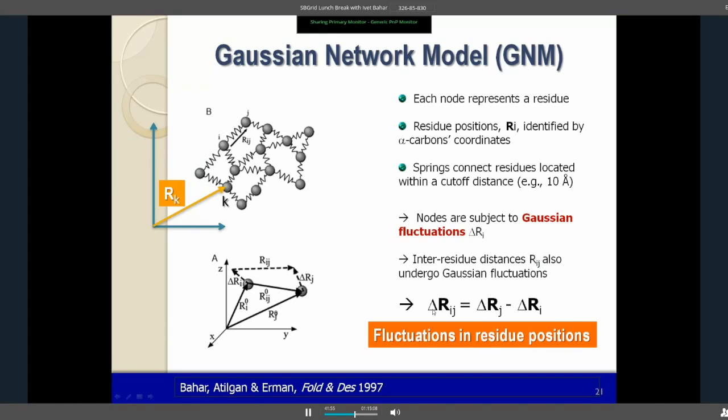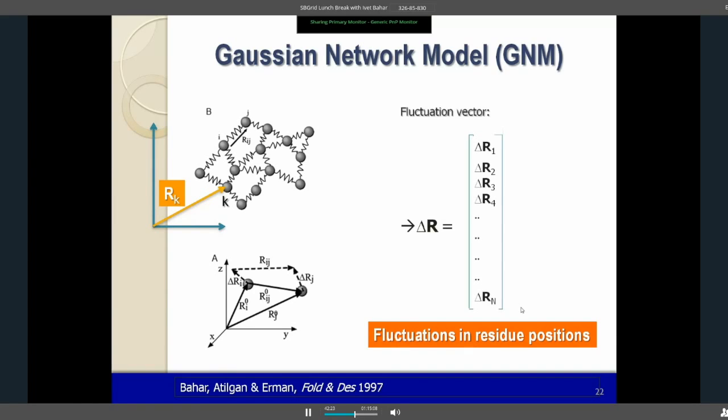So the changes in instantaneous positions during the thermal vibrations, the equilibrium motions of biomolecular structures, are, to our view, essential to performing their function. And among the different types of motions, some of them are very cooperative, uniquely encoded by the structure, and these are the ones we are trying to elucidate.